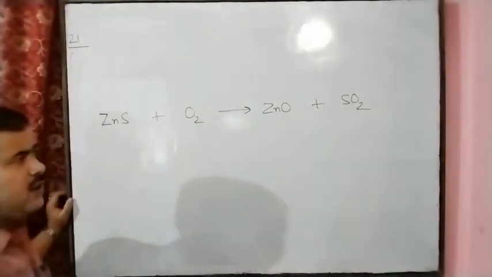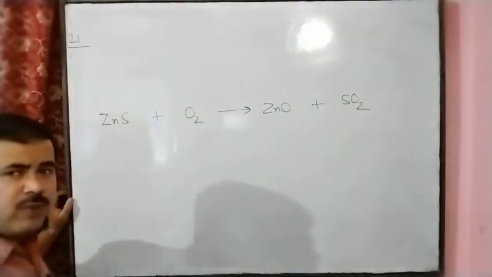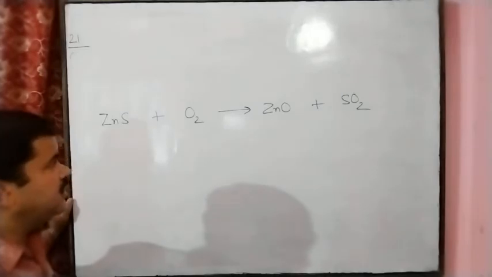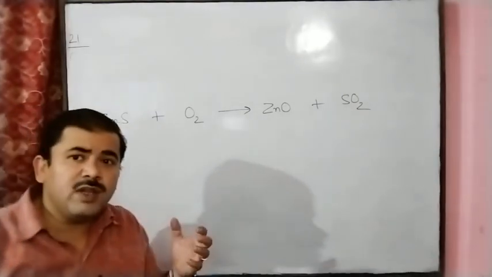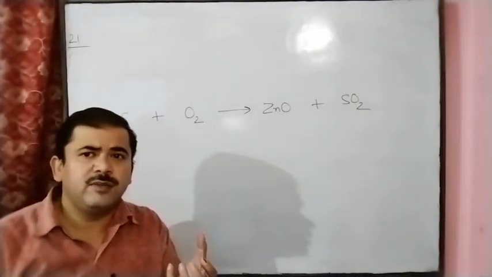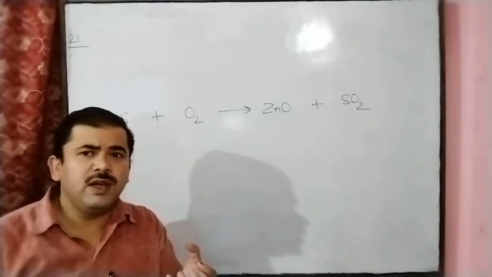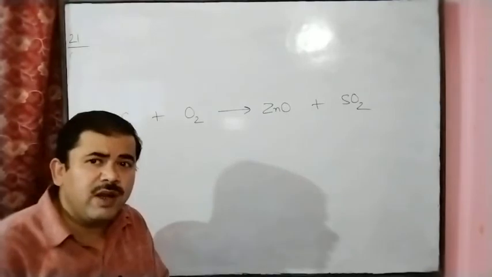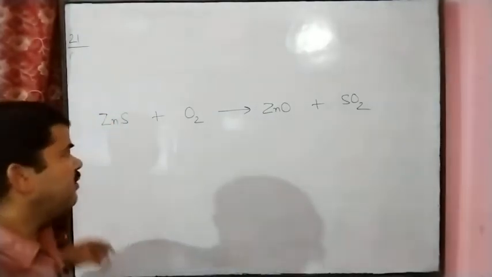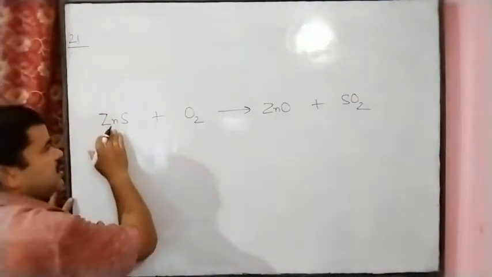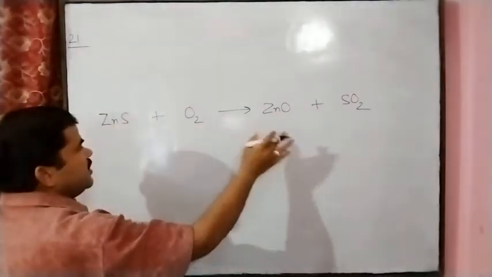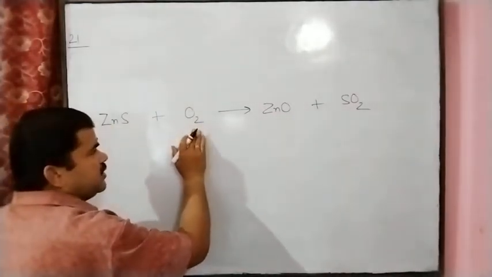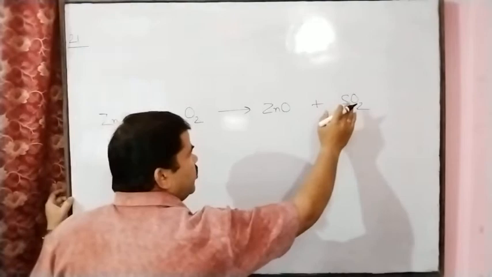So in these cases, how do we balance the equation? Here we can use one trick. This is only a trick, not a rule, and by this trick you can easily balance the chemical equation. This is very helpful. So zinc balanced, sulfur balanced, oxygen 2 on the reactant side and 3 on the product side.